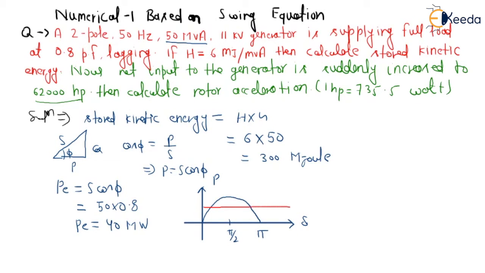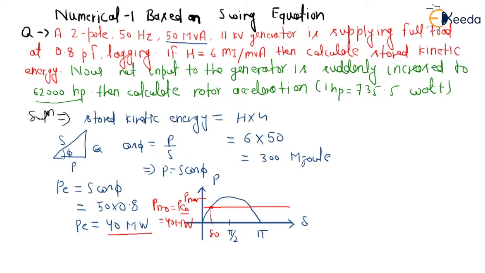This initial angle will be delta naught, and it has been supplying 40 megawatt. So PM naught is equal to PE naught is equal to 40 megawatt initially. It is delivering at some angle delta naught, which has not been given and we do not need to calculate right now. And this is P max, which we also do not need to calculate. So here we can see clearly 40 megawatt initial input and PE naught initial electrical power transfer.